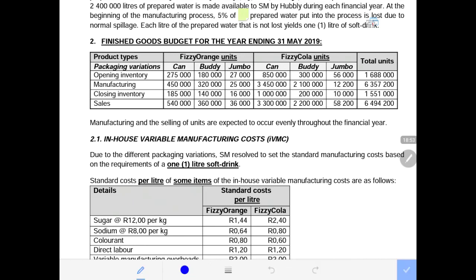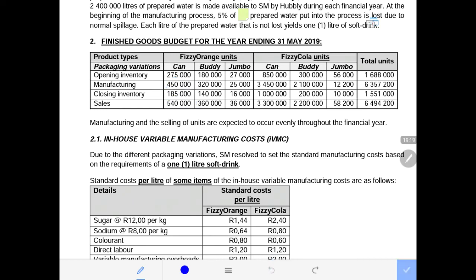Manufacturing and the selling of units are expected to occur evenly throughout the financial year. That means if we are required to calculate an income statement for 1 month, then we just take this annual manufacturing and divide it by 12. And also the sales, we take the sales and divide that by 12, because the production and the sales happen equally throughout the year.